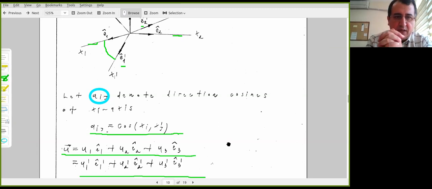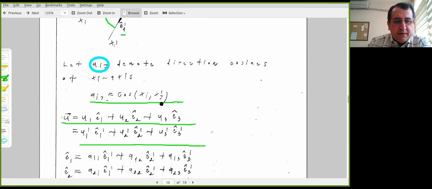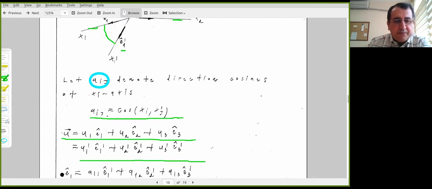in the primed coordinate system, because from statics, I know that components of a unit vector are direction cosines. I'll review this information from statics if necessary. For example, e1 hat, a unit vector, in the primed coordinate system has 3 components.